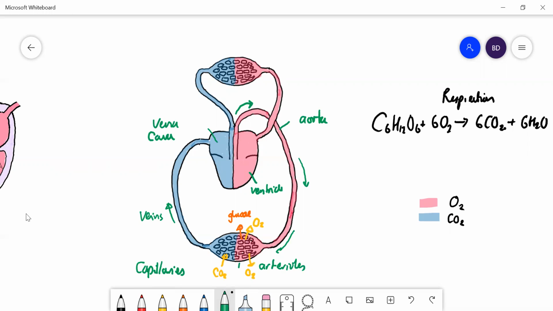All the veins collect together and put the blood back into the right hand side of the heart, which is called the right atrium. The atrium then pumps it down into the right ventricle, and then that blood is pumped up into this blood vessel, which is called the pulmonary artery.